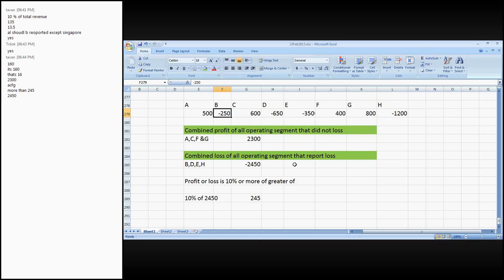But if I take this as 145, and this as 140, what will be the basis of reportable segment now? If I take this as minus 400, that's okay.